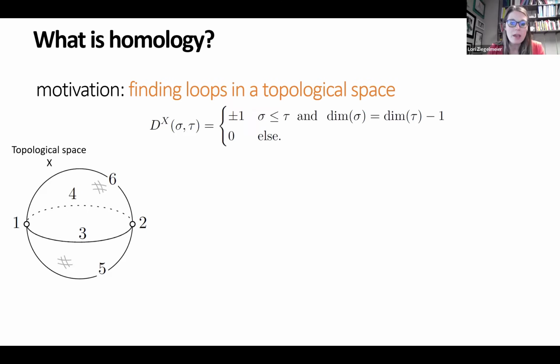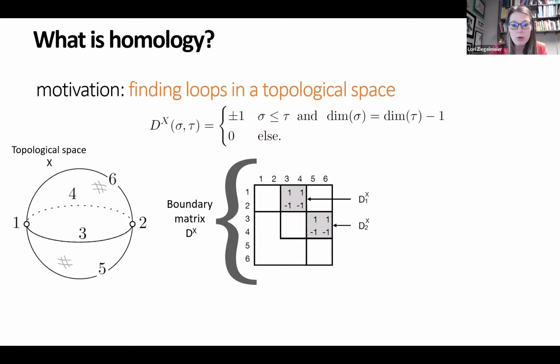So we can define this function, which is an alternating sum relating a cell to its boundary elements. And we can encode that information into a boundary matrix, where the boundary matrix relates, say, the 1 cells to the 0 cells, the 2 cells to the 1 cells, and so on.